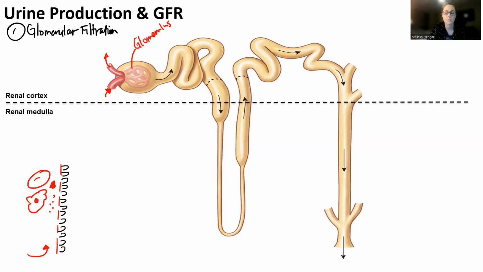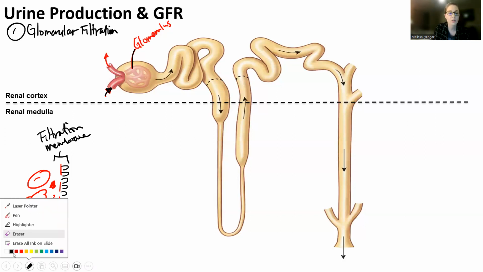Why was that important? Since this is our filtration membrane right here, we want to understand what's essentially happening. As blood flows in from the afferent arteriole, it's going to hit the glomerulus right there, okay?